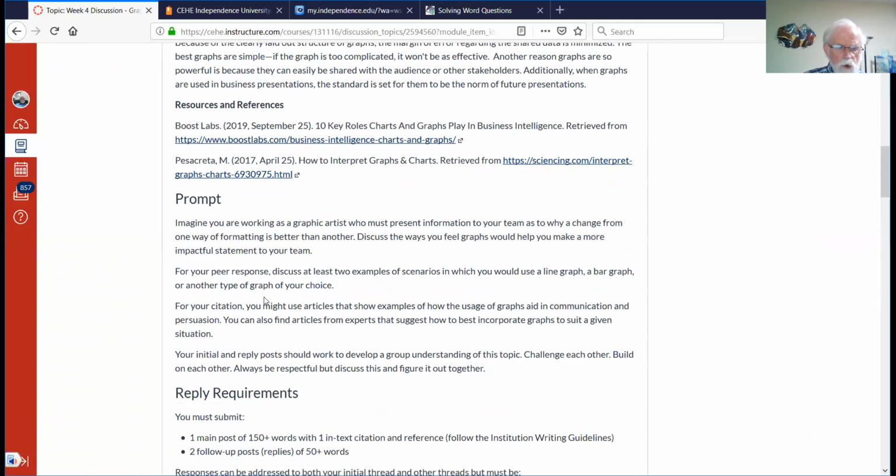And then when you are doing your response, you're being asked to give a couple of examples where you would use a line graph, a bar graph, or another graph of your choice. So the issue really is that the presentation, whatever graphical method we use, should be such that it makes sense in the context of the data.